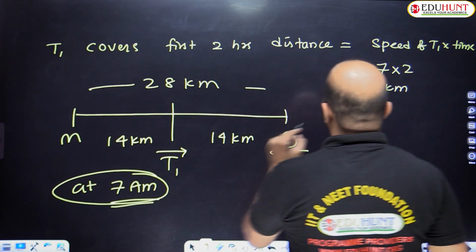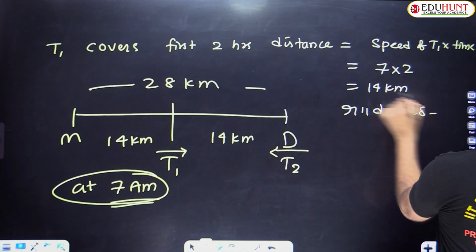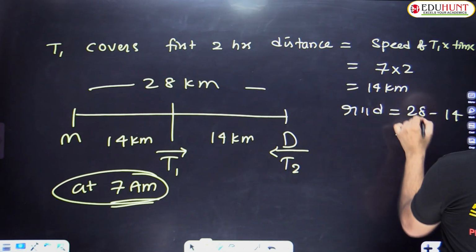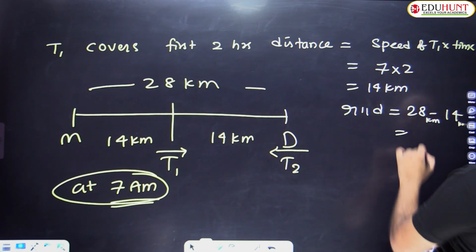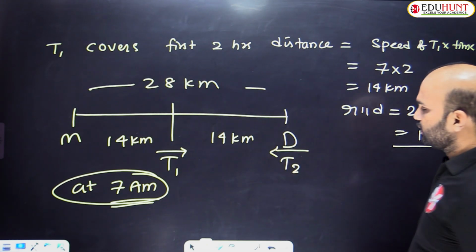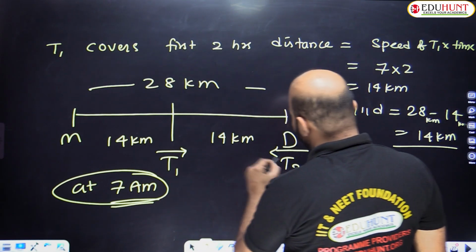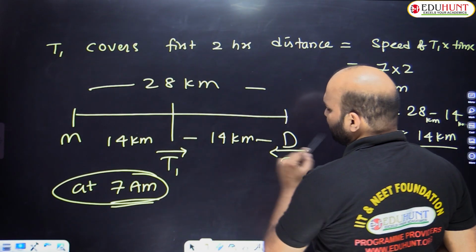Remaining distance equals 28 minus 14, that is, 14 kilometers covered already, so 14 kilometers are left. Am I clear? So at 7 am, T1 and T2 are moving in opposite directions with 14 kilometers remaining.